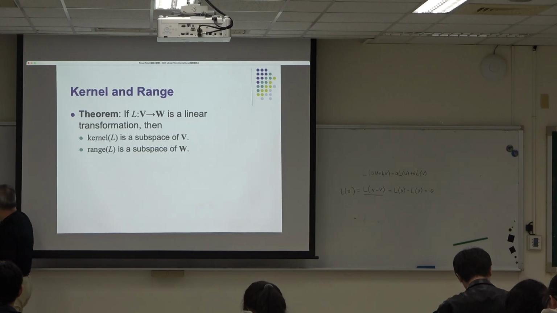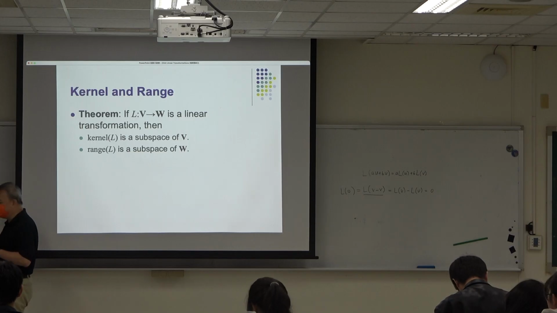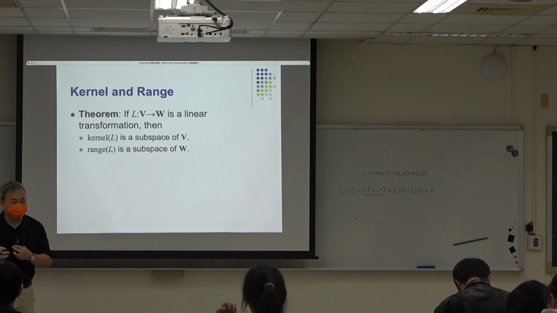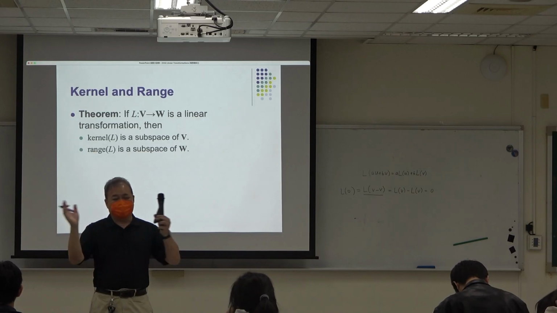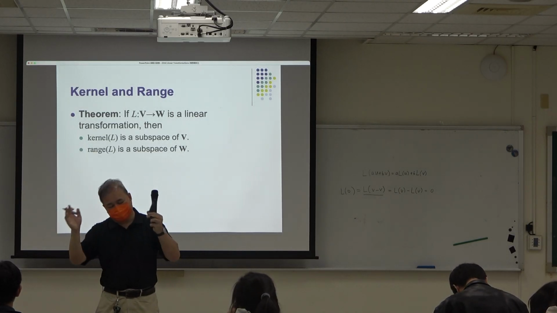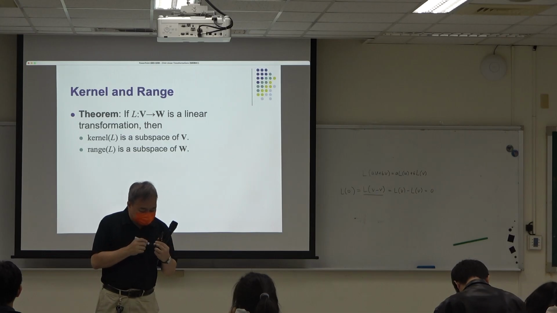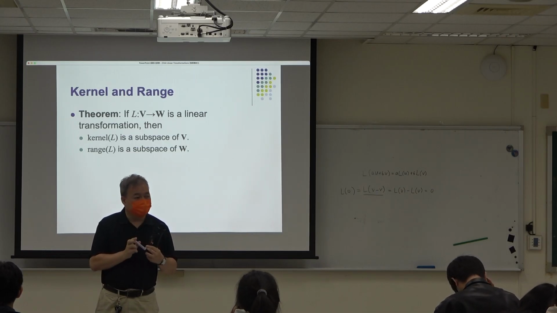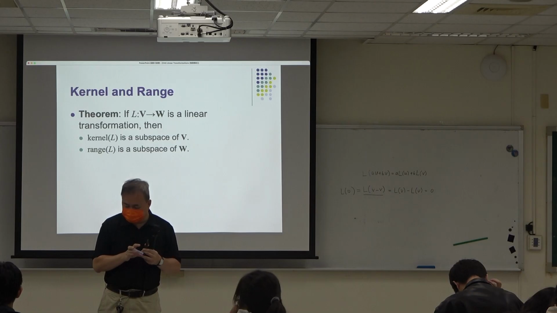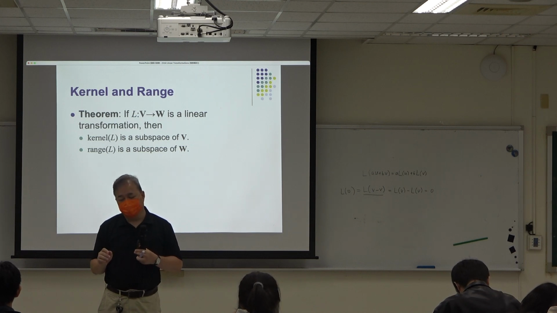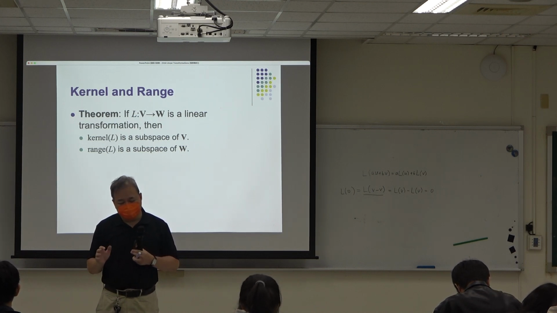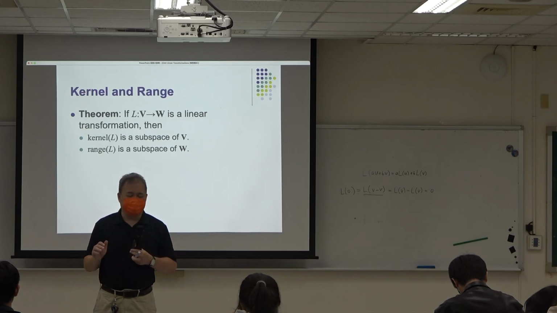So we know that alpha U must be in the kernel of L, if you insist that we use two terms in the parentheses. So that's for the kernel of L. We have shown the kernel of L is a subspace of V.